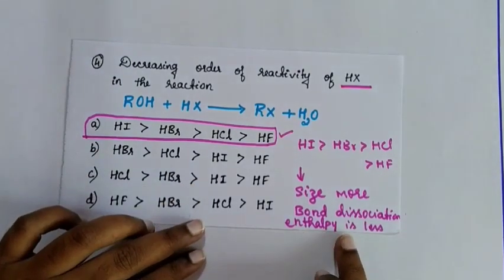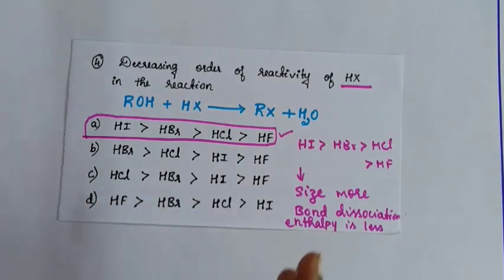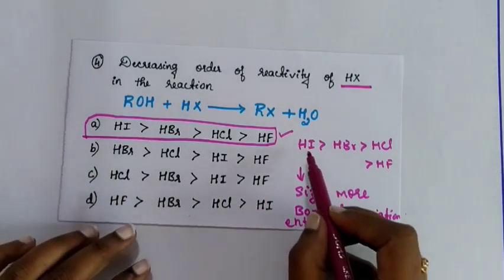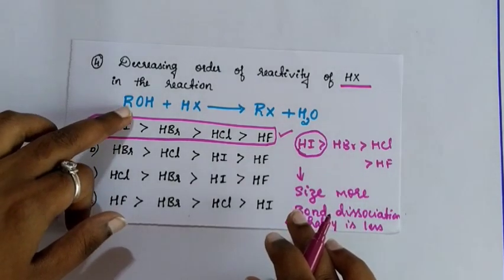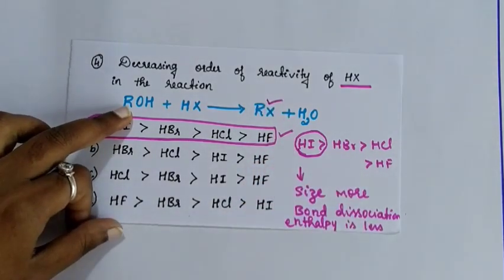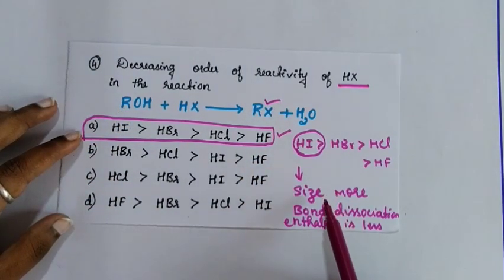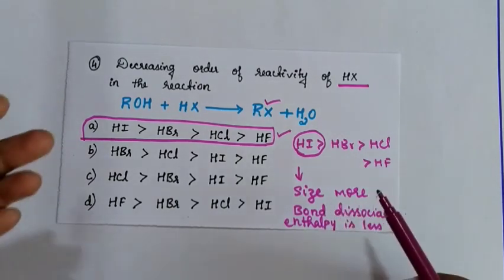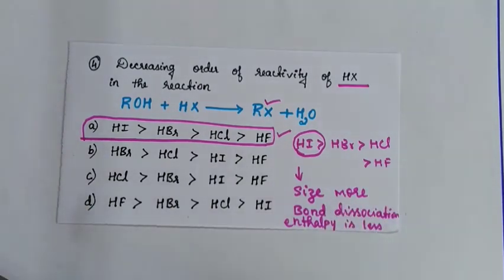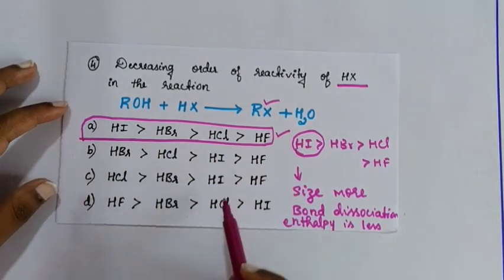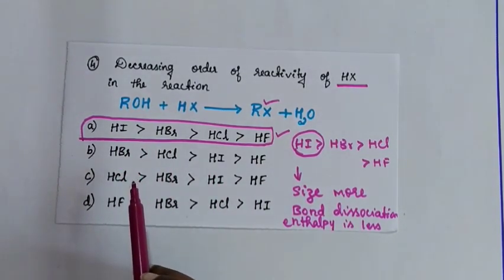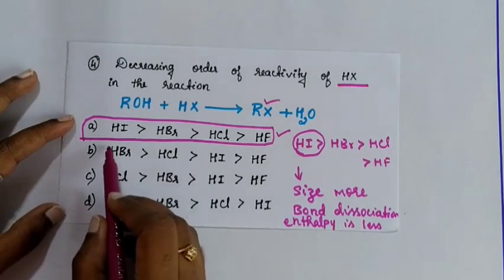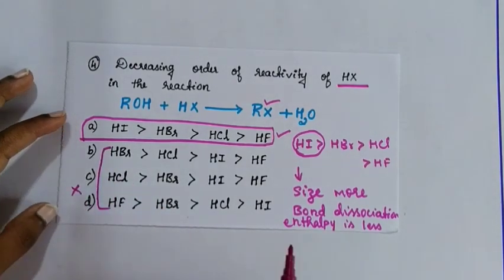Bond dissociation enthalpy is less in the sense that you can easily break the bond between hydrogen and iodine. So hydrogen iodide more frequently undergoes this reaction with alcohol to form alkyl halide. Remember the reason? Because the size of the halogen is going to be more. Since the size is more, bond dissociation enthalpy will be less. So option A is correct for the fourth question. In the remaining options, HI is not in the first place for the highly reactive condition. So as soon as you see these conditions, you can easily think it is wrong.